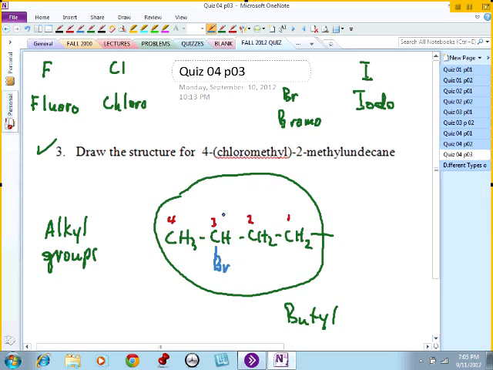What do you think I will call that fragment? 3-bromobutyl, exactly. So it becomes 3-bromobutyl, one word.